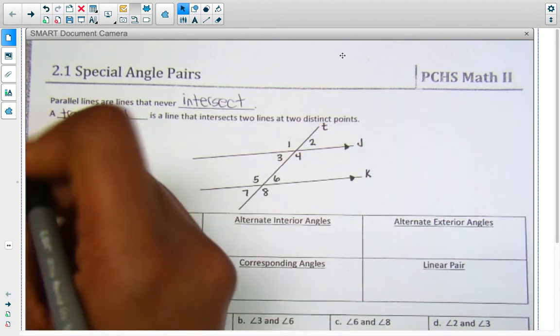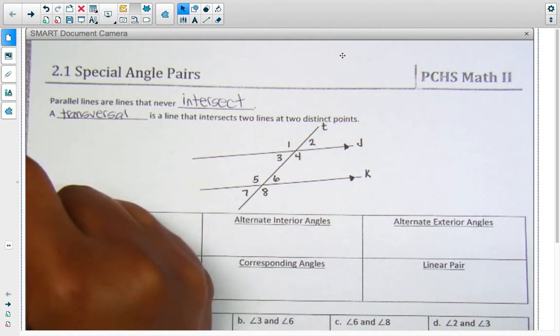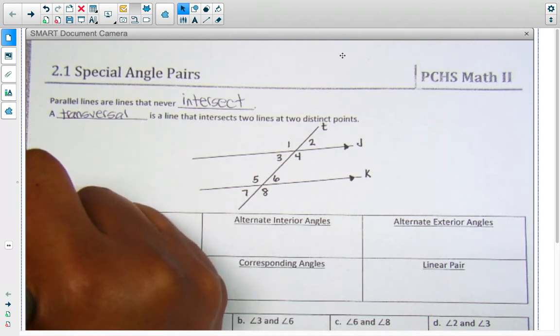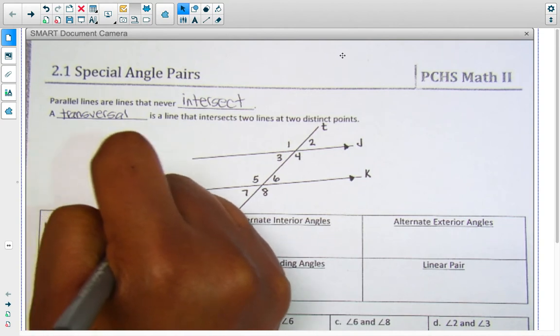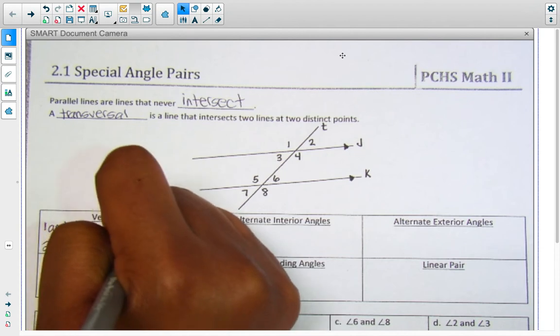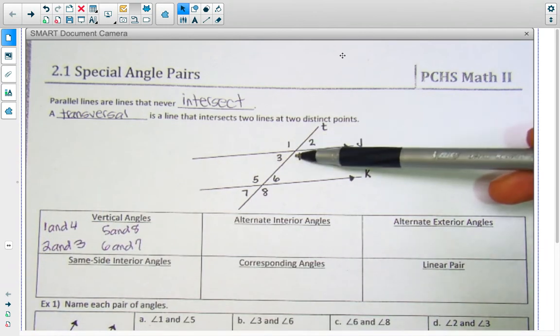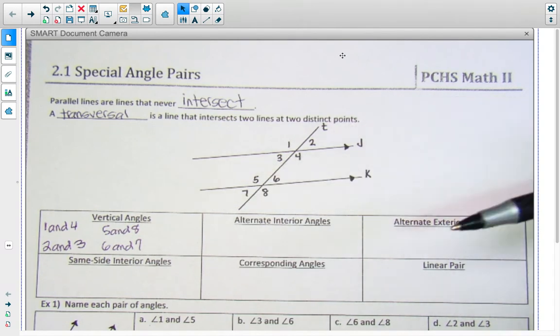Let's write that in our box. 1 and 4, 2 and 3, 5 and 8, 6 and 7. Those are vertical angles.